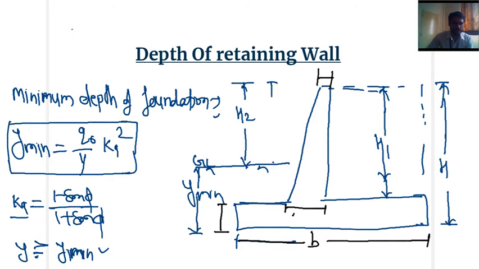That is the toe slab projection. On the front side, the portion of the base slab is the toe slab, and that portion is called the toe slab projection. So we will keep the toe slab projection approximately 30% of the base width, and 65 to 70% portion will be covered by the heel slab here.